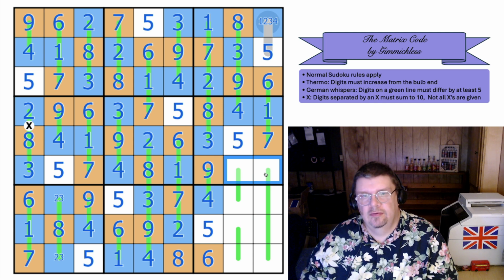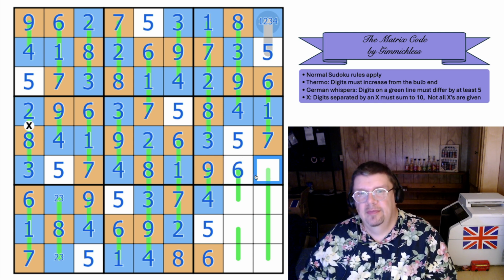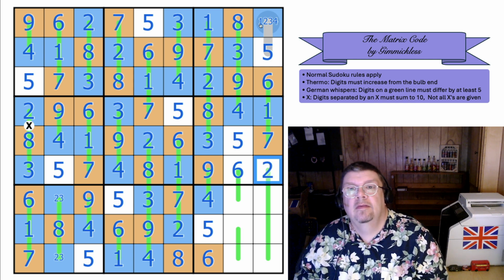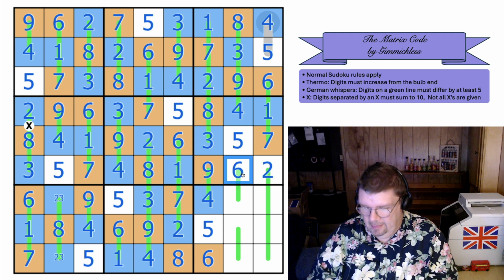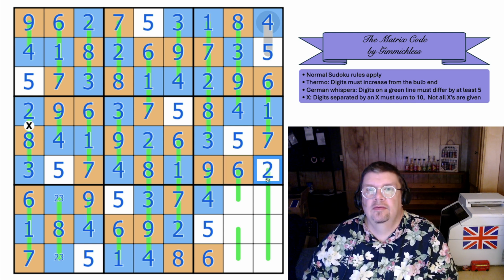Need a 2 and a 6 here, which I can place. Okay, that's my mistake. That is still a 4. All right. That is high, that is low. When scanning, it lets you down.